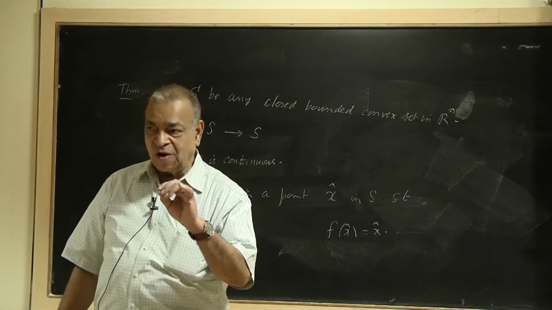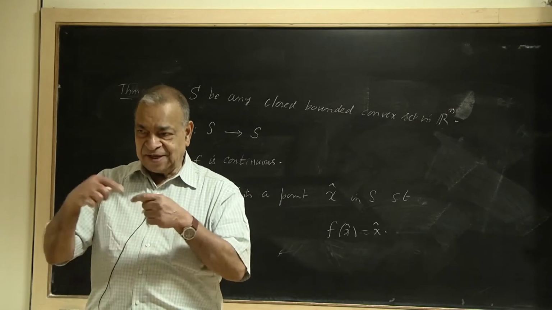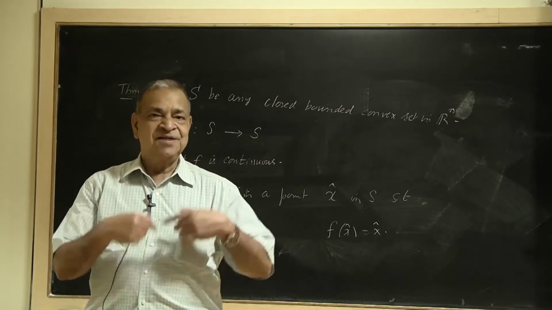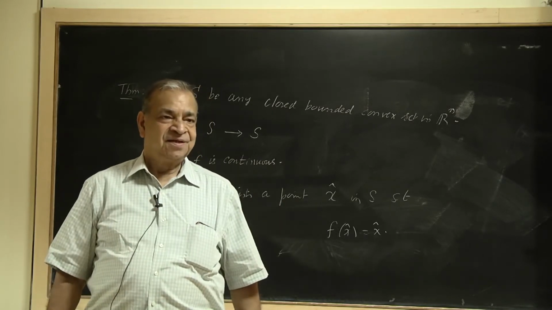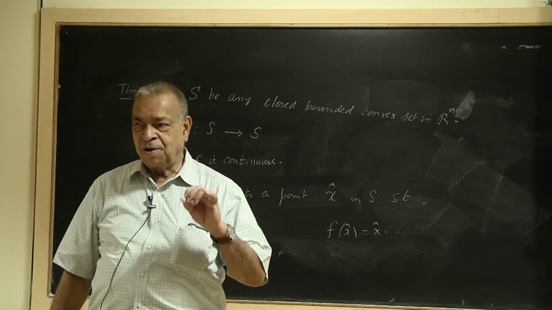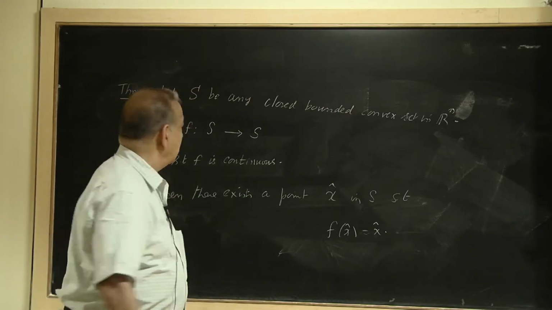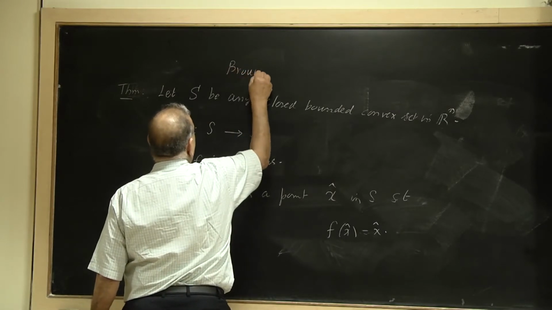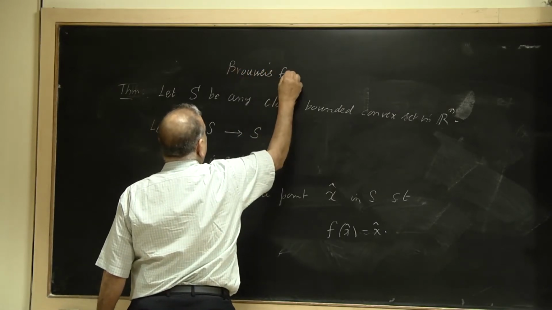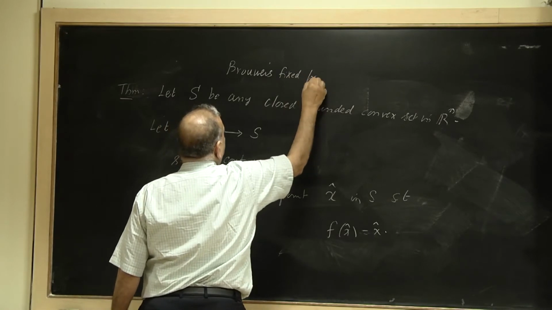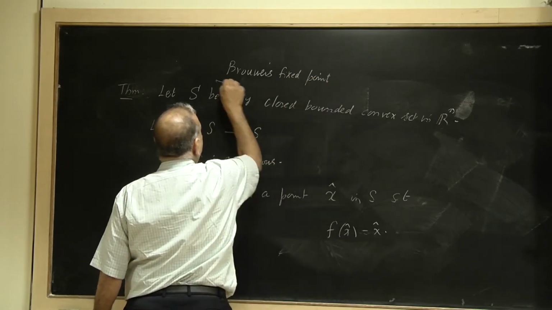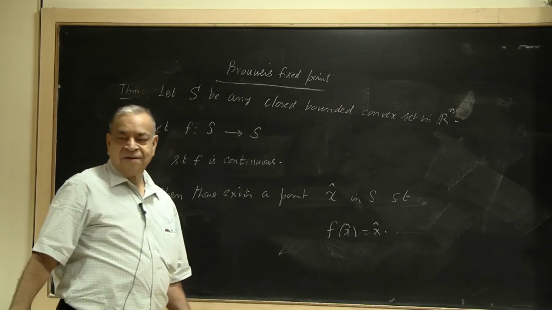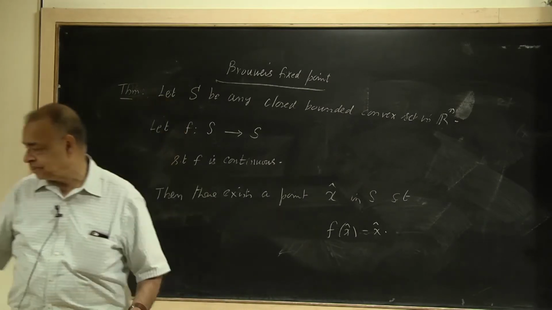There is at least one point which, when you take the f of that, is the same point. That's called Brouwer's fixed point.